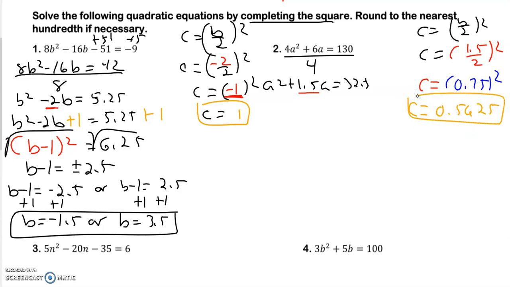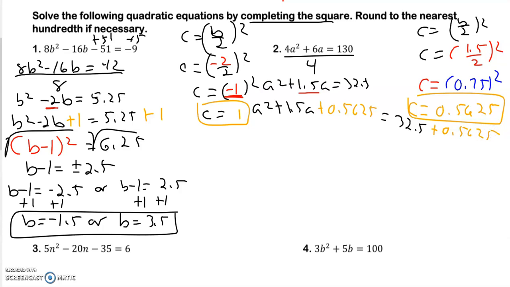So that's the one that goes on both sides of my equation. So I have a squared plus 1.5a plus 0.5625 equals 32.5 plus 0.5625.